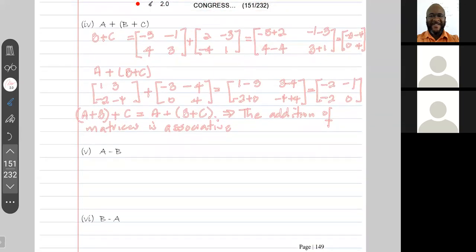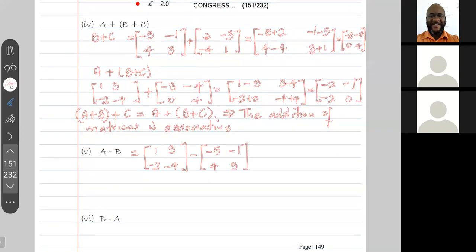Guys, next I'm going to do A minus B. So A is the matrix 1, 3, minus 2, minus 4. This is A minus B, which is minus 5, minus 1, 4, 3.